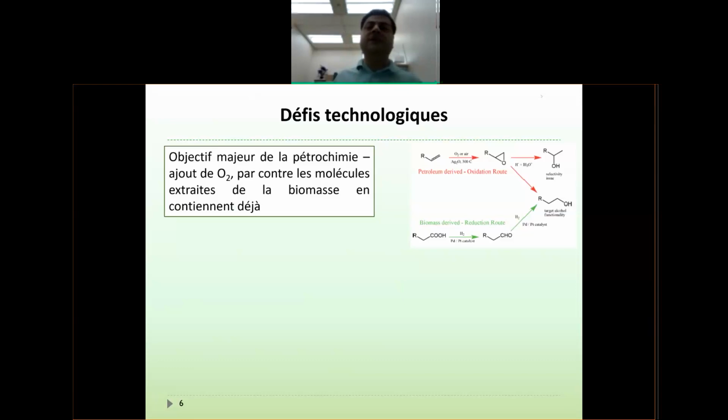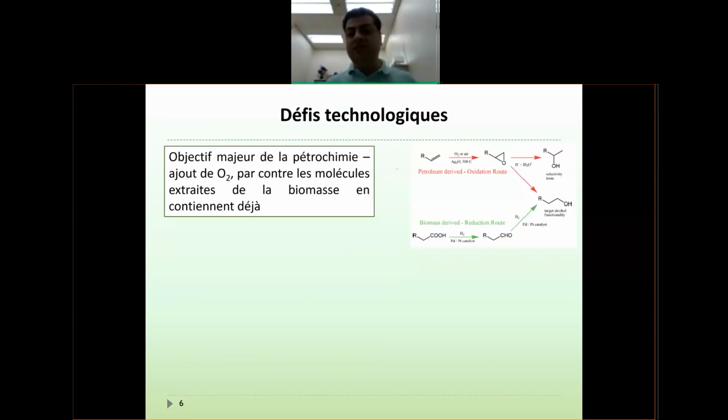So there are advantages and disadvantages. One advantage is that, for example, biomass, as you know, is full of oxygenated molecules. For example, it is made of aldehydes, ketones, organic acids, alcohols. All of them have oxygen. But you know that oxygenating a regular organic molecule is expensive.